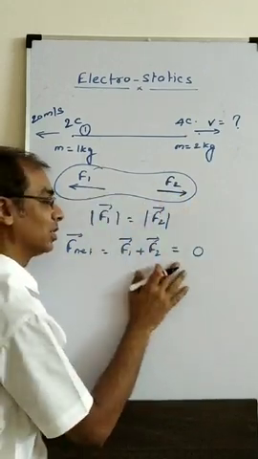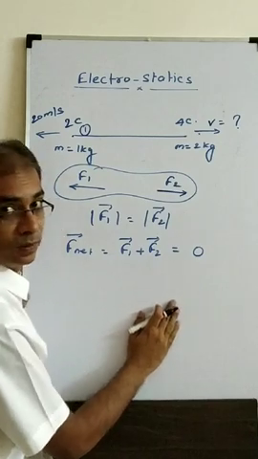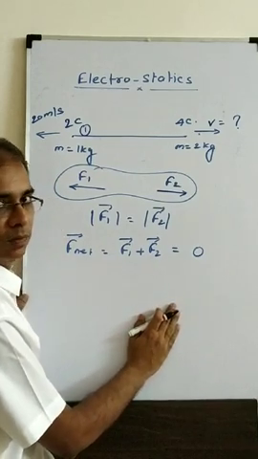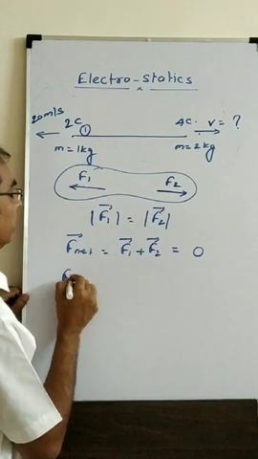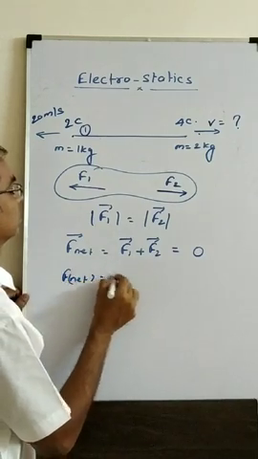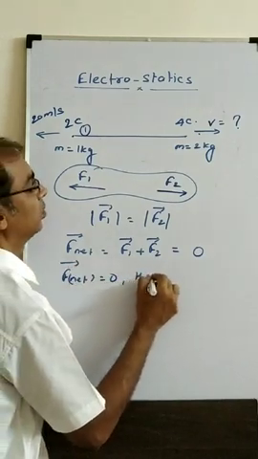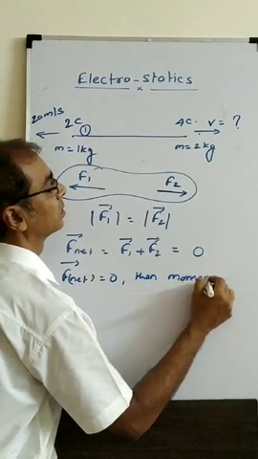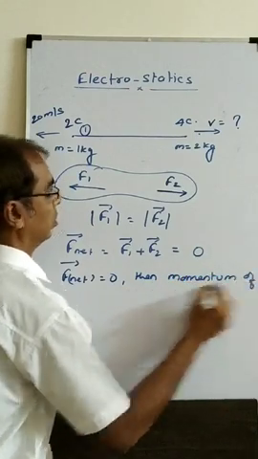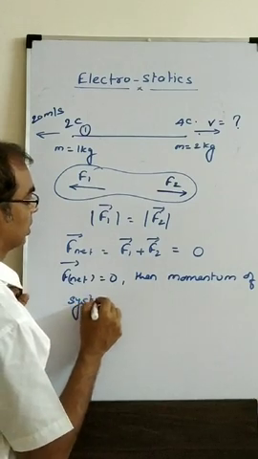So if the net force on the system is 0, we can conserve momentum. If F net is 0, then the momentum of the system is conserved.